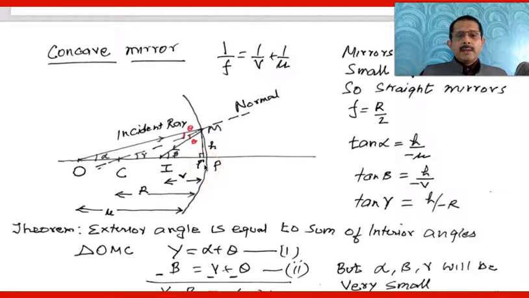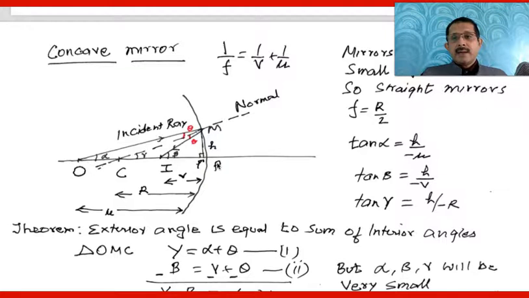Okay. Now the first construction in this setup, what I'm doing is I'm drawing a perpendicular from here to the principal axis. Now remember one thing, that the first assumption which we have taken here is that this mirror has a very small aperture.